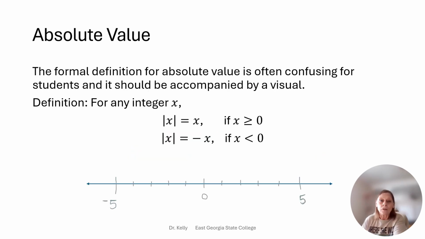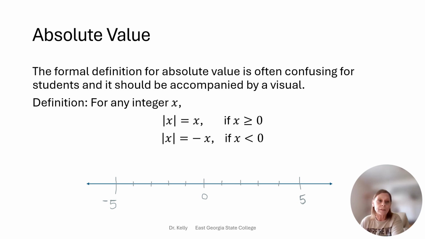Now, we can't talk about integers without defining them with absolute value. So let's go ahead and introduce the idea of absolute value. Here's the formal definition of absolute value, and a lot of times it's confusing, so it should always be accompanied by a visual with a little example.